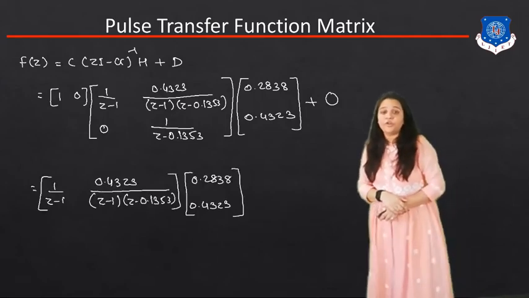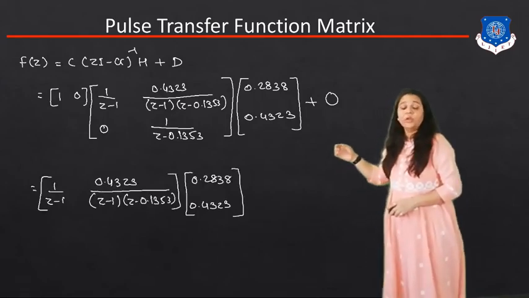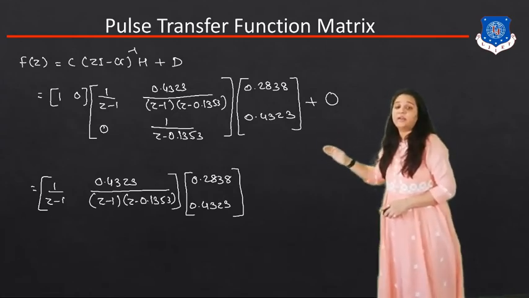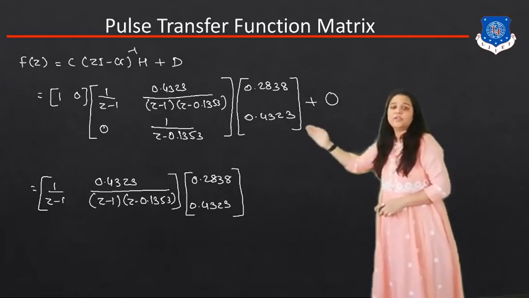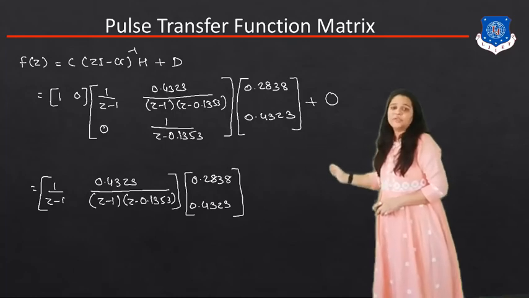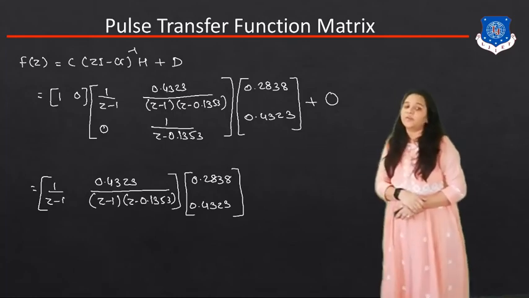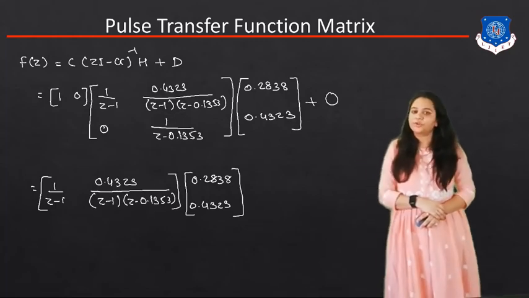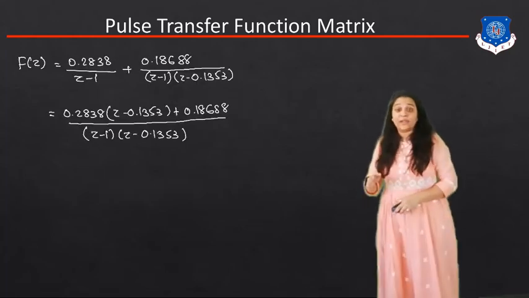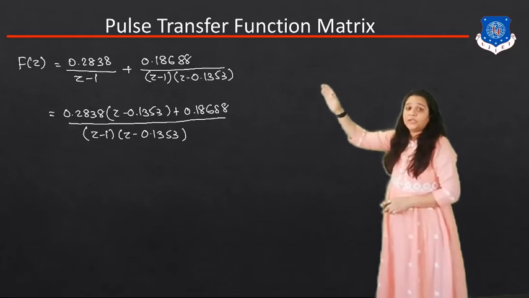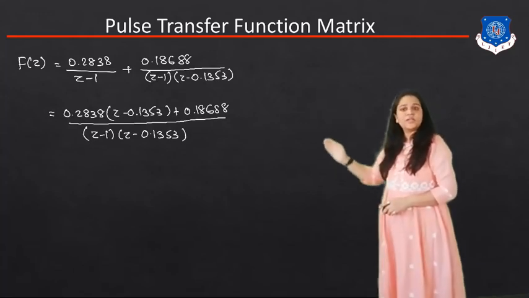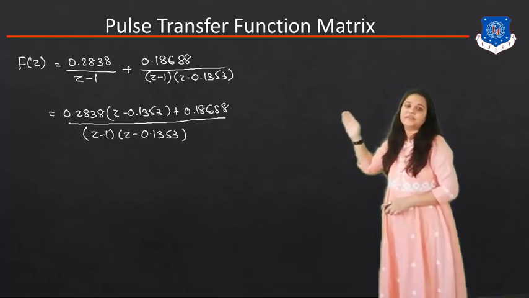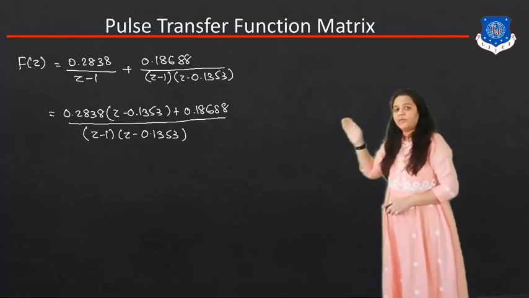So first of all we have to multiply C into zI minus A inverse. We can get 1 upon z minus 1, 0.4323 upon (z minus 1)(z minus 0.1353) into the B matrix, and D is equal to 0. So multiply these two matrices, we can get 0.2838 upon z minus 1 plus 0.18688 upon (z minus 1)(z minus 0.1353).